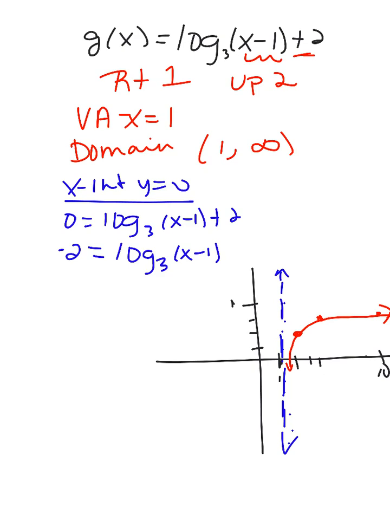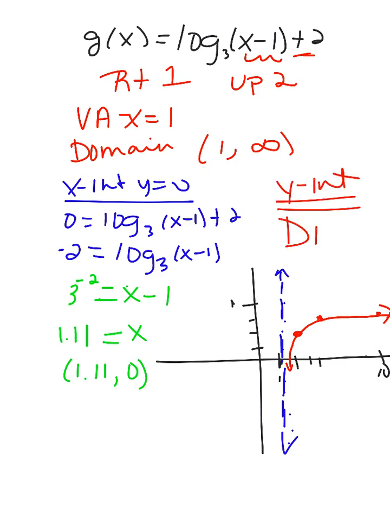Put it in exponential form: 3 to the negative 2 equals x minus 1. Just plug that in your calculator, add 1 to both sides, and round it to the nearest hundredth. So it's 1.11, so it's 1.11 comma 0. And then we need our y-intercept. Notice that it doesn't cross the y-axis, so it does not exist.